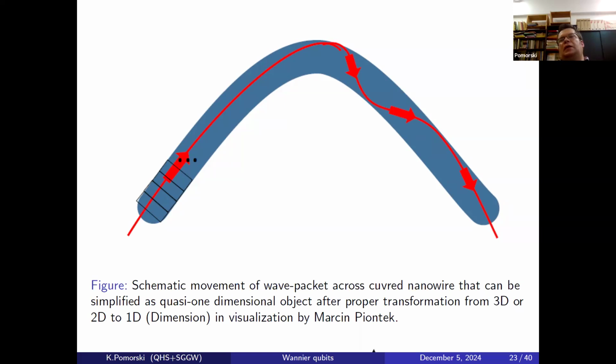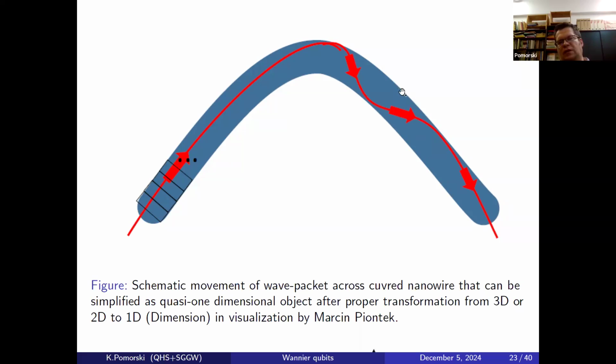If you have, let's say, a system with a narrow optical fiber, or a semiconductor nanowire, you can map such a system to a quasi one-dimensional one, but then your real unit will be associated with the length of your walking.